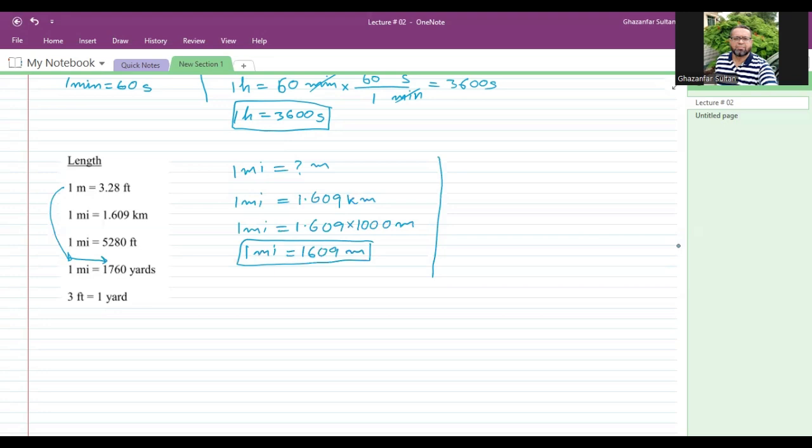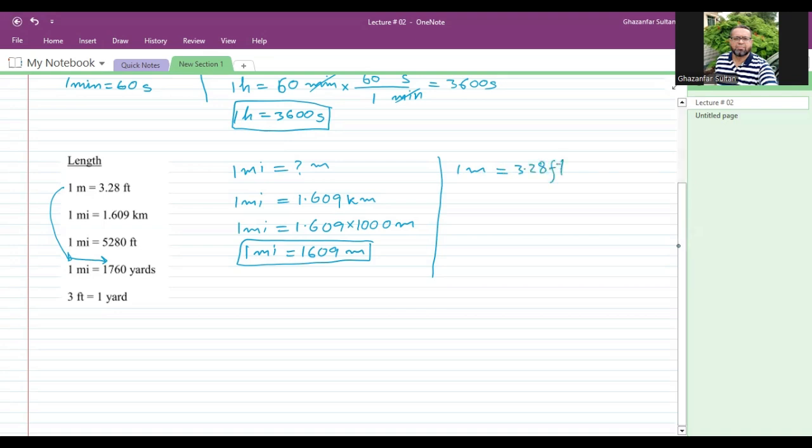We have the relationship between feet and the meter. So first choose any one of them. For example, I'm taking 1 meter is equal to 3.28 feet.